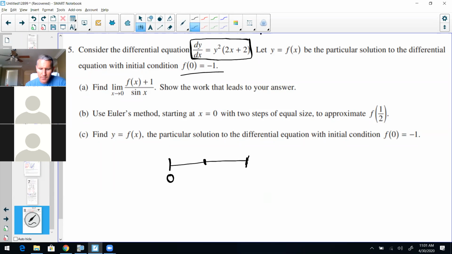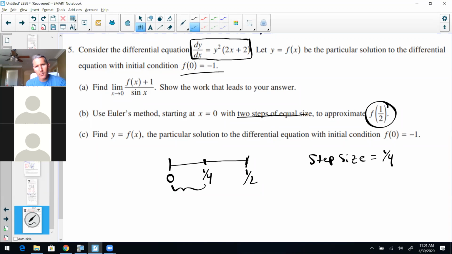Because I have 2 steps of equal size to get to 1/2, this must be 1/4, so my step size is 1/4. Another way you could do that is b minus a over n. So 1/2 is your b, and 0 is your a. b minus a over n with 2 steps gives us 1/4 as well. This is what we call h, our step size.